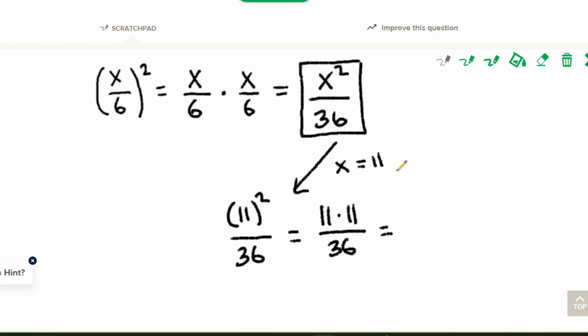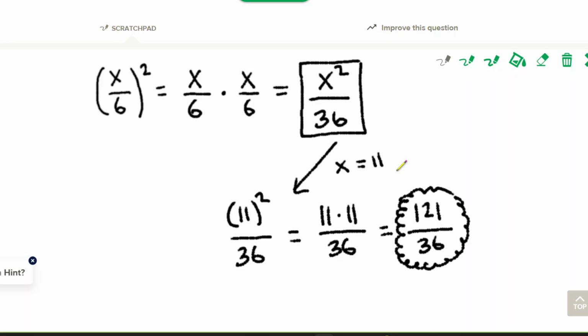And 11 times 11 is 121 divided by 36. All right, and this is what they want. This is the actual thing I should be entering in the answer, because they had me plug in the value of 11.